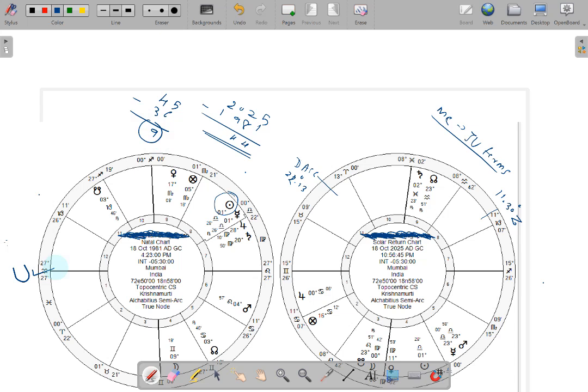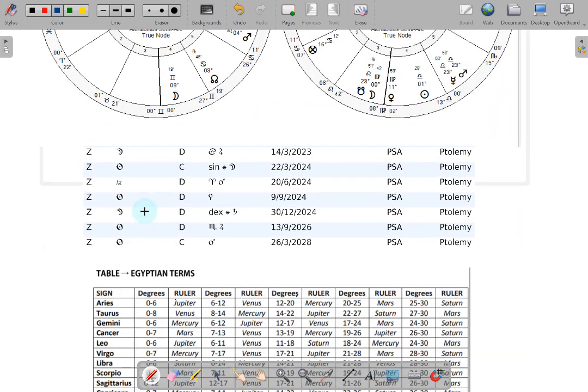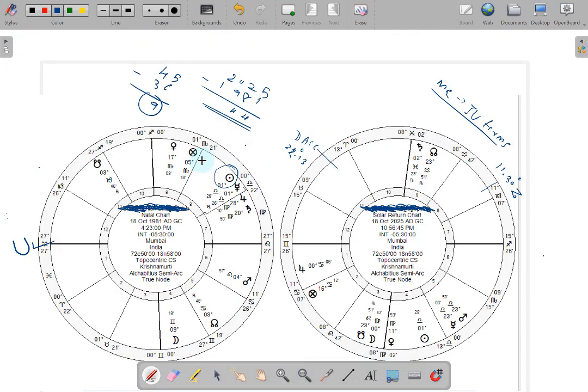So obviously, if Libra is the perfected sign, then Venus happens to be the perfected sign lord, or Venus happens to be the lord of the year. Okay. Now, since Venus is the lord of the year, obviously it is an important chronocrator. Apart from that, the significator sun is also directed to the body of Venus. So Venus is a promiser, and Venus is also the lord of the year.